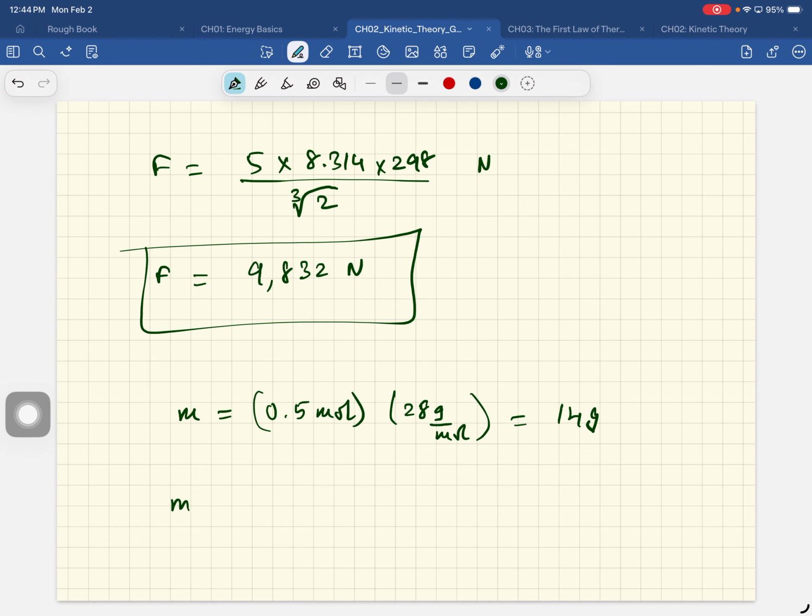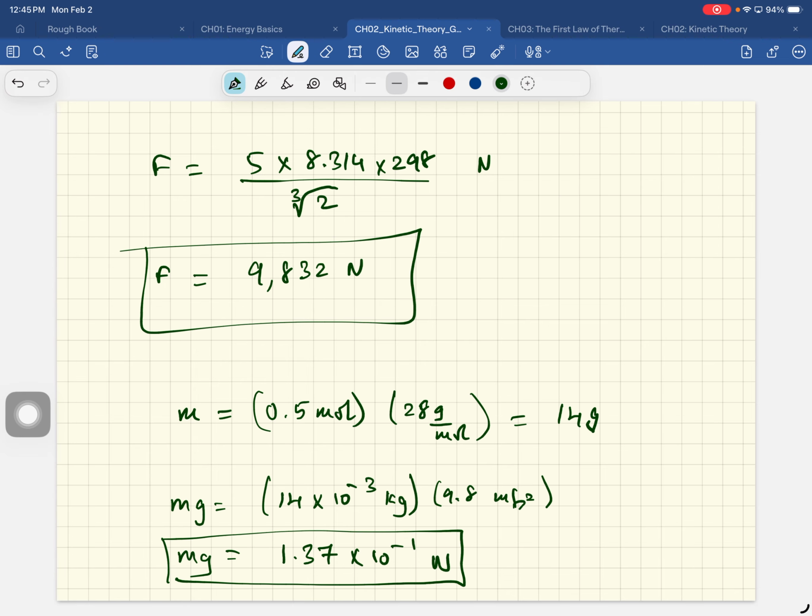So mg will be 14 grams, which is that many kgs, times 9.8. So the weight of nitrogen gas in there is that many newtons. And what we'll calculate is this divided by that.